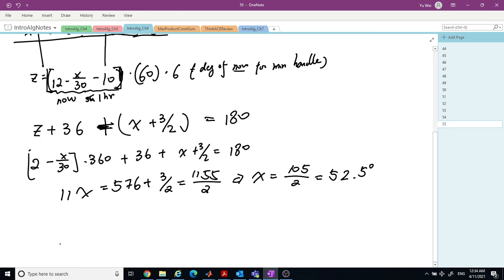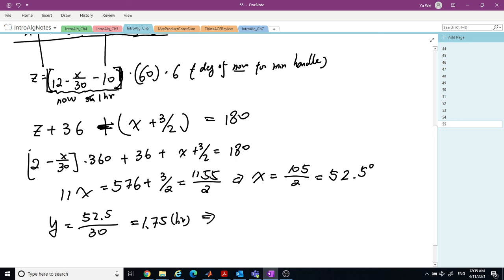So Y is equal to 52.5 over 30, which is 1.75 hours.